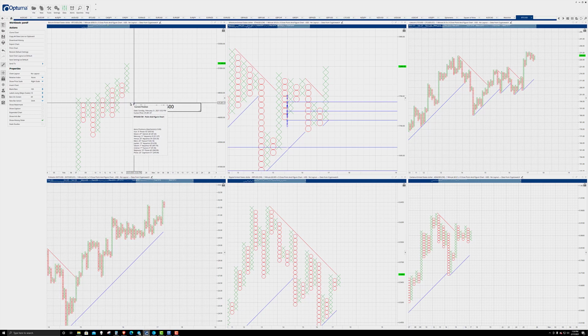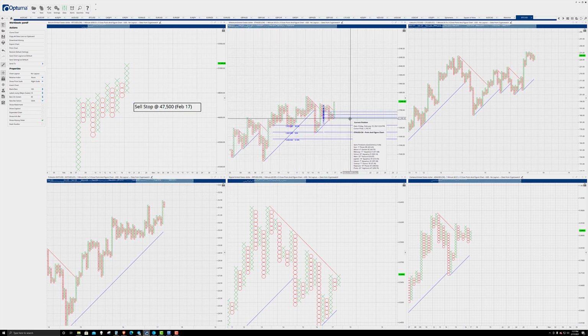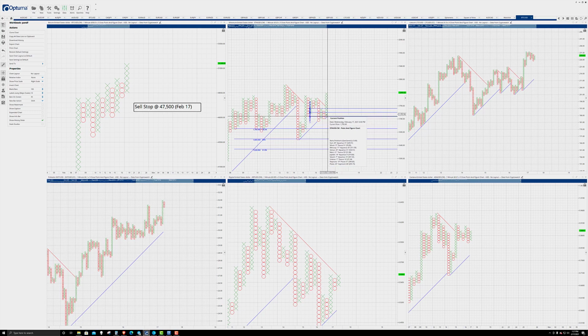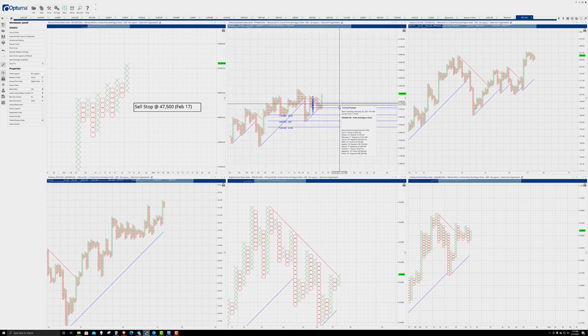Bitcoin, the short is at 47,400, 47,500. That is where you'd want to have a short on Ethereum. It's a little congested for my taste to look at a short.